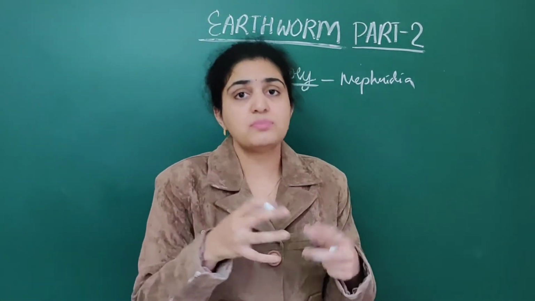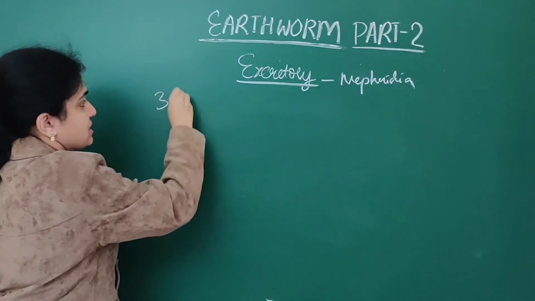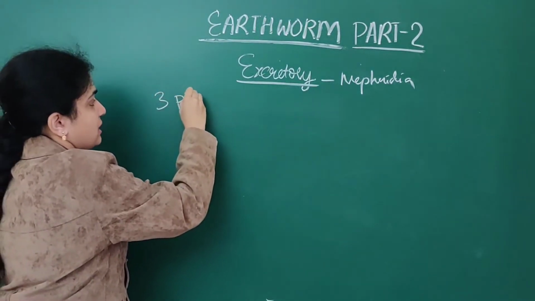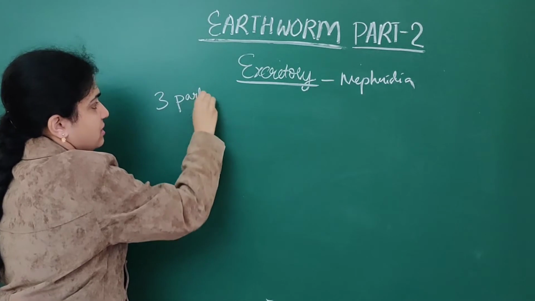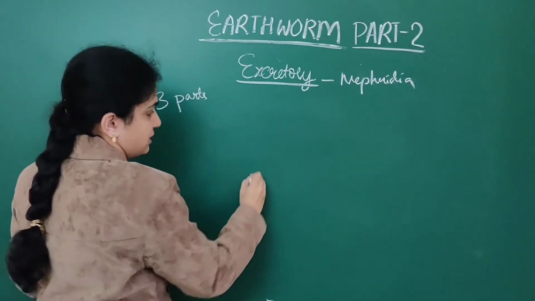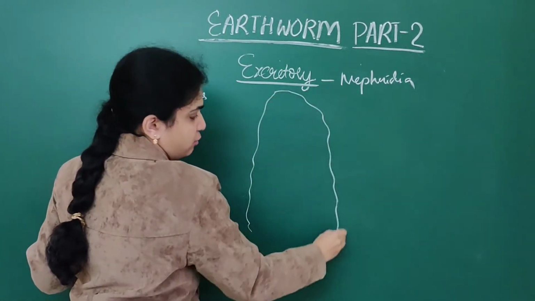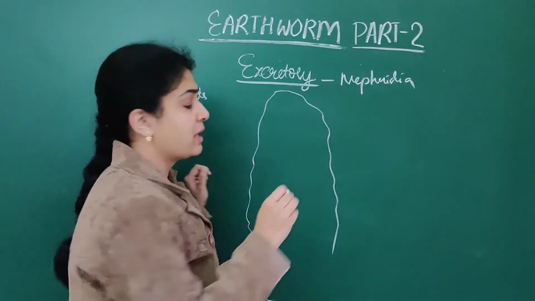Mainly there are three types of nephridia present in the excretory system of earthworm. Initially, imagine this is an earthworm.